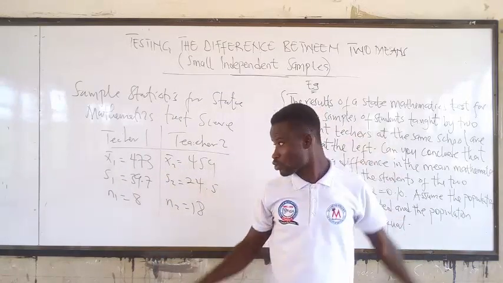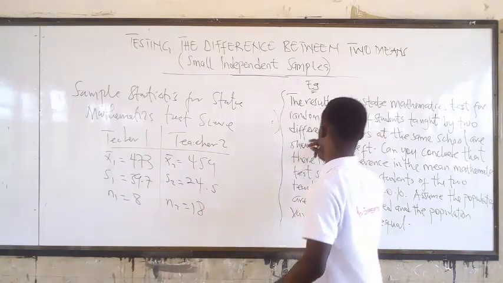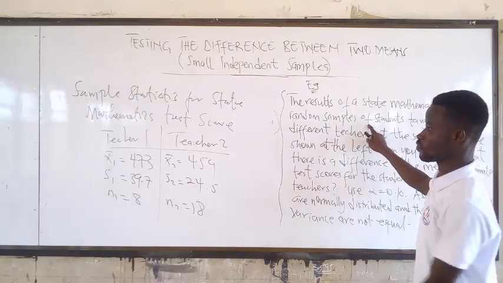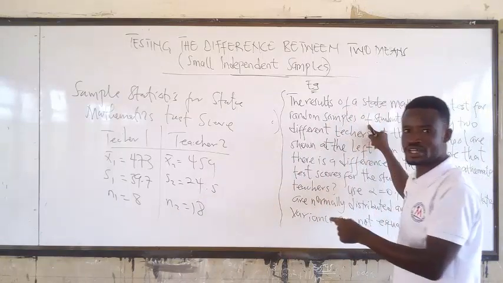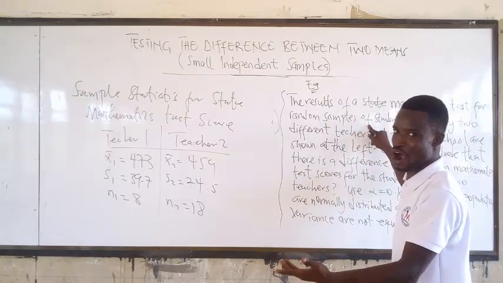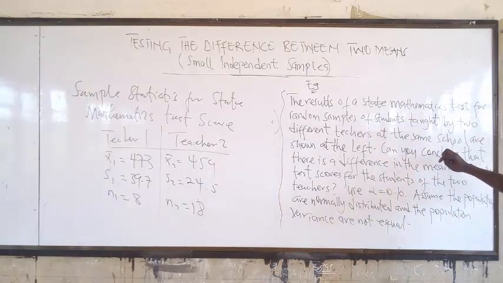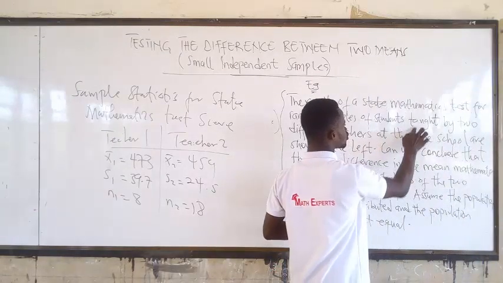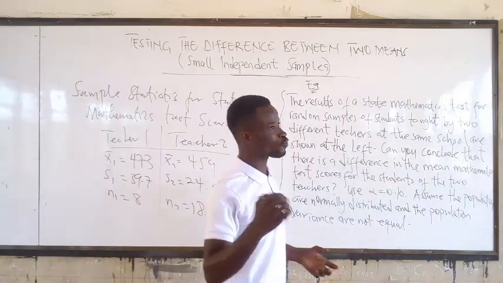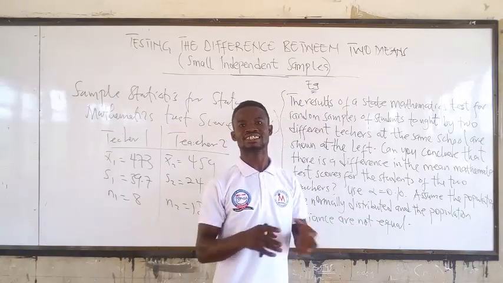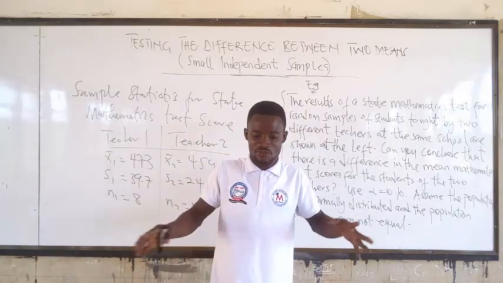So if I bring this one here, it will be random samples of 8 and 18 students respectively, taught by two different teachers. They were taught by two different teachers.